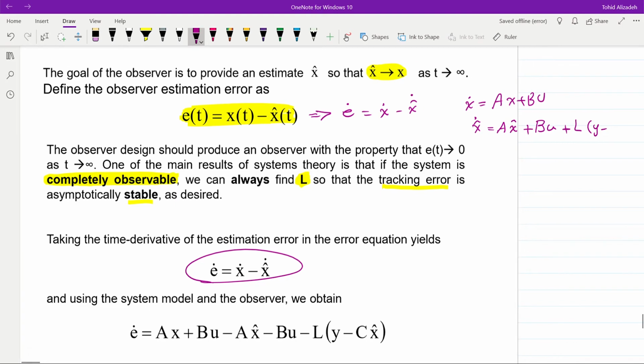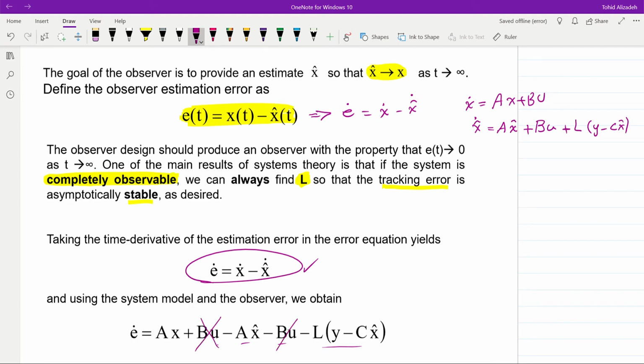If we replace them into this equation, we will have e dot equal to Ax plus Bu minus A x hat minus Bu minus L times y minus C x hat. Plus Bu and minus Bu will cancel each other.